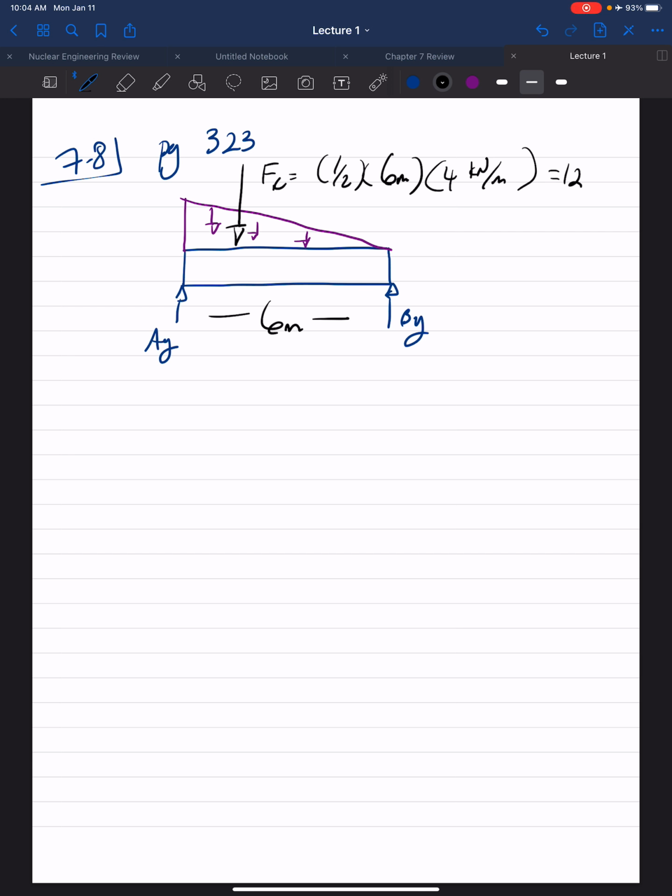So it's 12 kilonewtons. The distance here is 2 meters, 1/3 from the end.